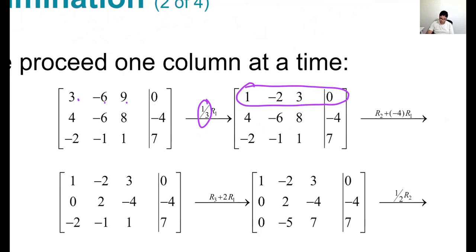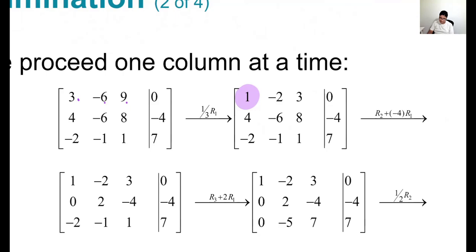You might say, why do we do row operations when we are focusing on the first column? We don't do column operations. Whatever operation you do has to be done on the entire row. So our goal was to make the leftmost element in the first row 1. That's what we achieved in that step.